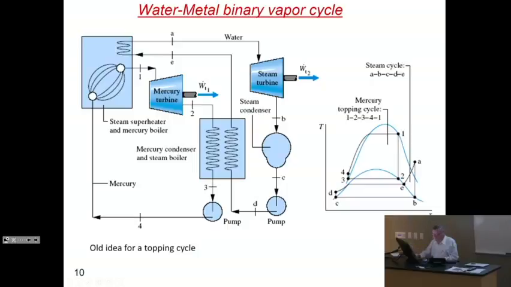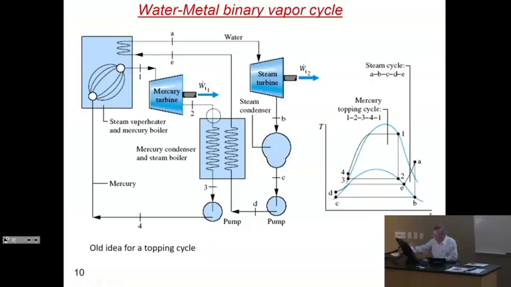Unfortunately, mercury is toxic, and so you really don't want to do this. But it's an example of what could be done. So you can then construct yourself a Rankine cycle with vaporized mercury, goes through a turbine, gets condensed, goes through a pump, back to a mercury, of all things, vaporization cycle.